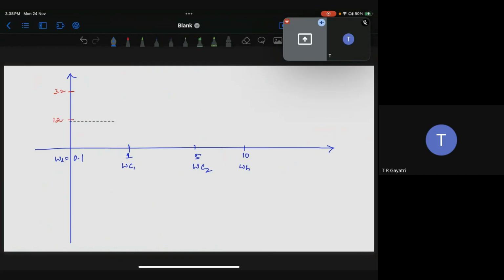Then omega C2, minus 16, then omega H is minus 34. So these are the points: first point, second point, third point, fourth point. These are the magnitudes.